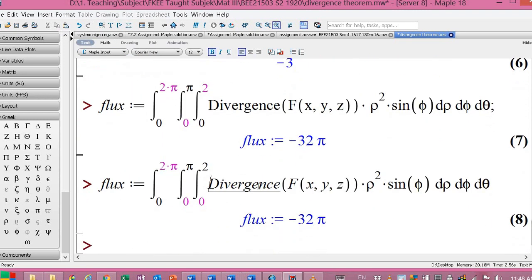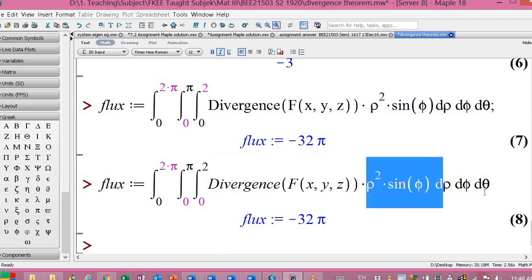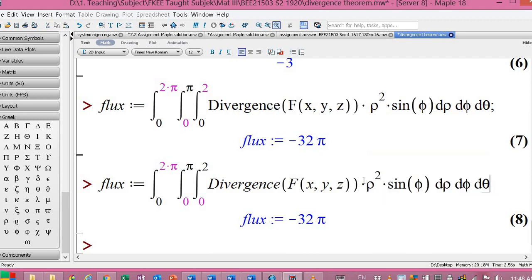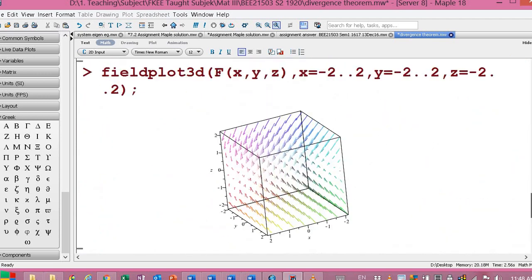Then put it here, divergence, and dV depends on the solid that you obtain. In this case it's a sphere, so we use spherical coordinates: rho squared sin phi d rho d phi d theta. The sphere with radius 2 units, so rho 0 to 2. Full sphere, phi from 0 to pi, theta from 0 to 2 pi.